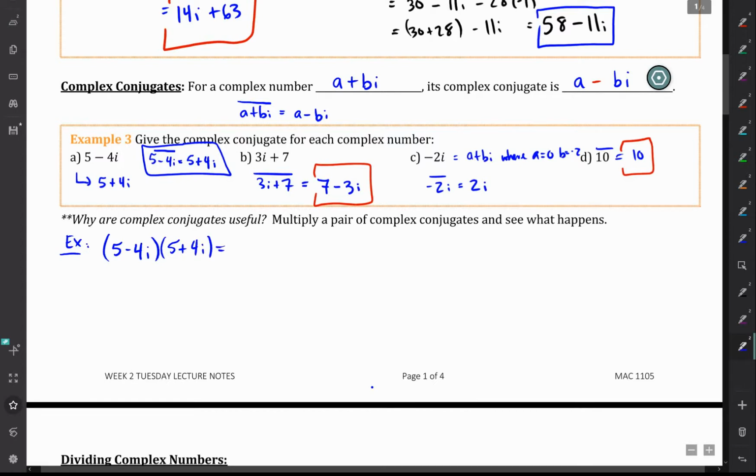So let's try this. If you FOIL this, you get 25 for 5 times 5, and then outside is 5 times 4i, and then inside is 5 times negative 4i, and then finally you get minus 4i times 4i.